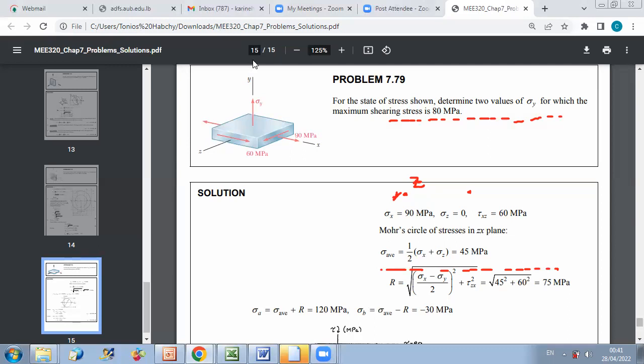As you can see, this vector represents tau xz. Since for this face, the perpendicular is along positive x and the shear is along positive z, I can say that tau xz equals tau zx, which is equal to 60 megapascal.